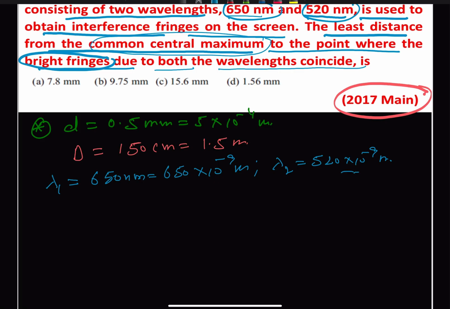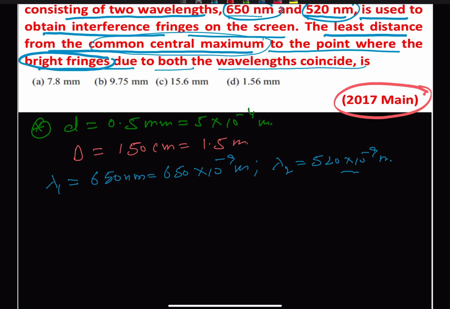And we have to find out the least distance from the central maxima where the bright fringes of both wavelengths are going to coincide. We can sort this out as follows.